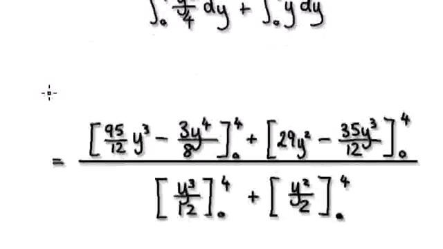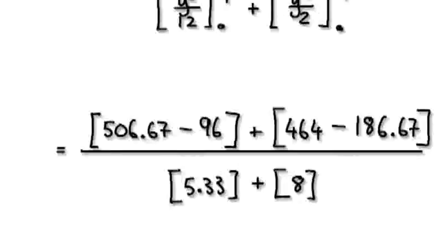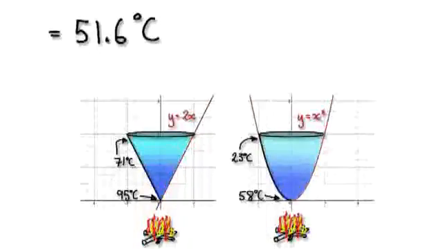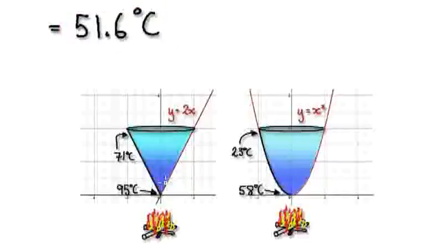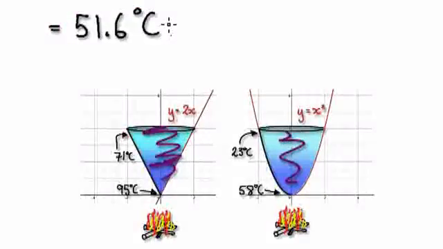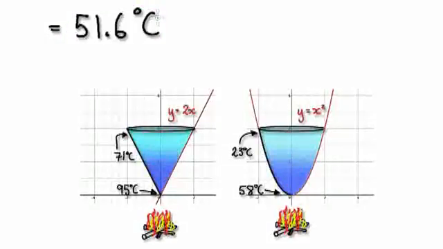When you mix, the overall average temperature will be given by this. So if you mix this with this, the temperature should settle at 51.6 degrees Celsius.